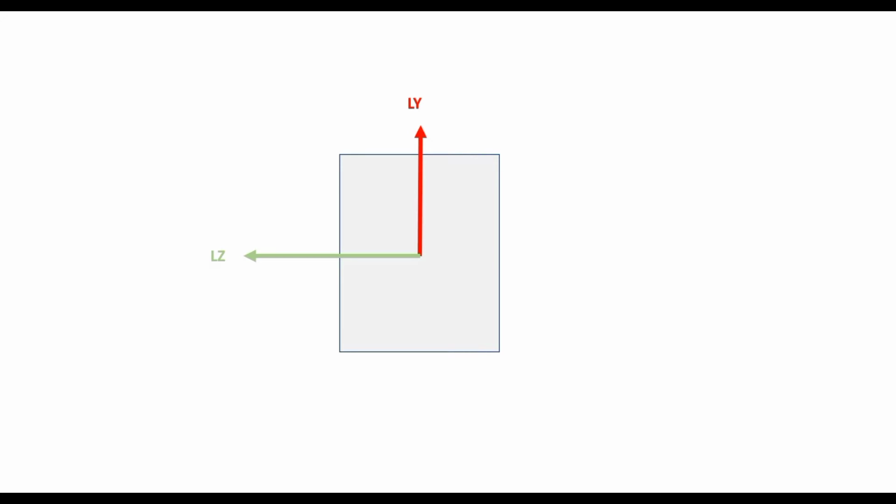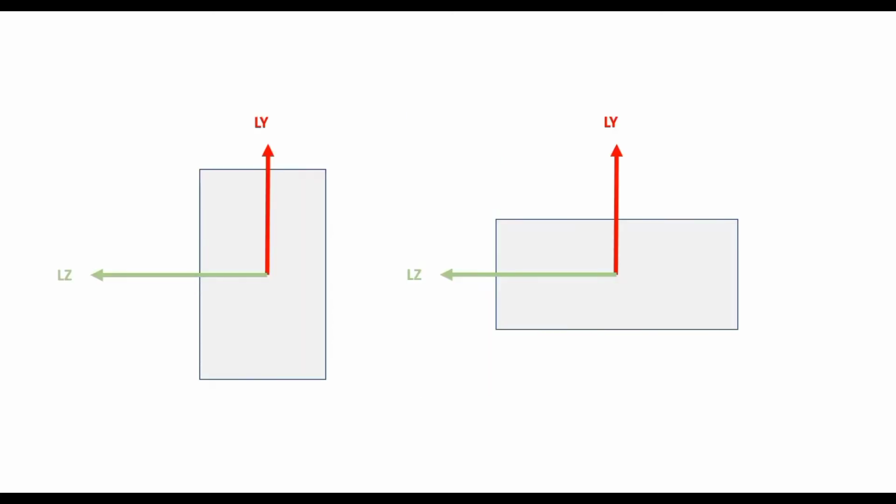The dimension parallel to the local z is called the ZD dimension, and the dimension that is parallel to the local y axis is called the YD dimension. From the analysis perspective, it does not really matter as to which is the depth and which is the width of the section, as the member forces will be reported with respect to the local axis.